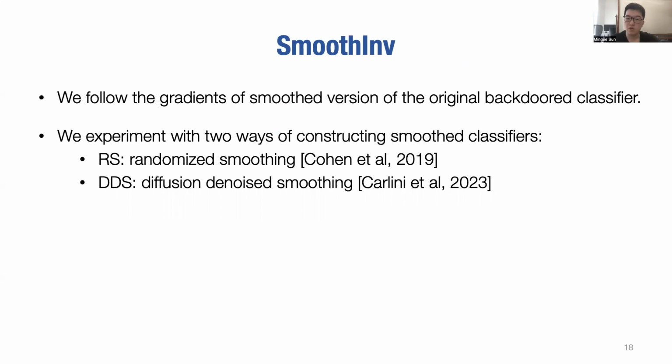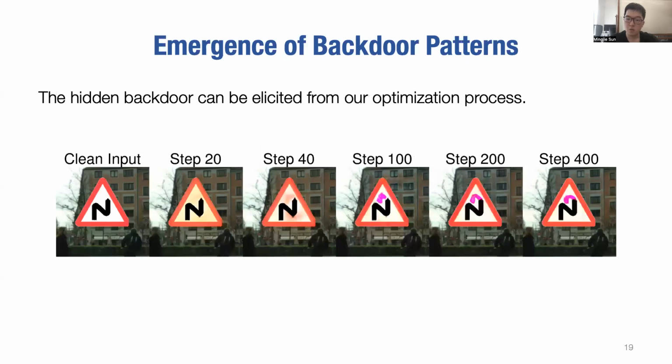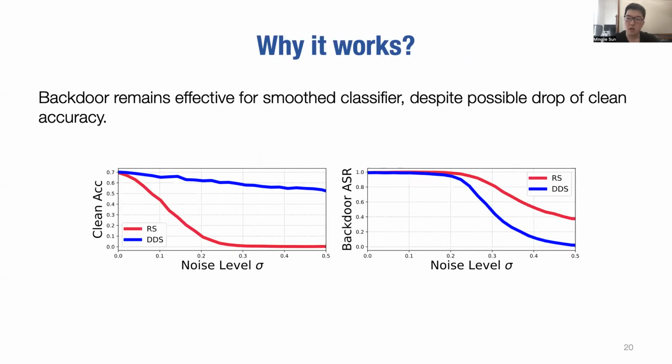We use a continuous approximation for the smooth classifier for practical gradient computation. We find that our optimization process can elicit the natural hidden backdoor. The reason why our method works in practice is that the backdoor tends to remain effective for both versions of the smooth classifier, while clean accuracies may drop drastically.